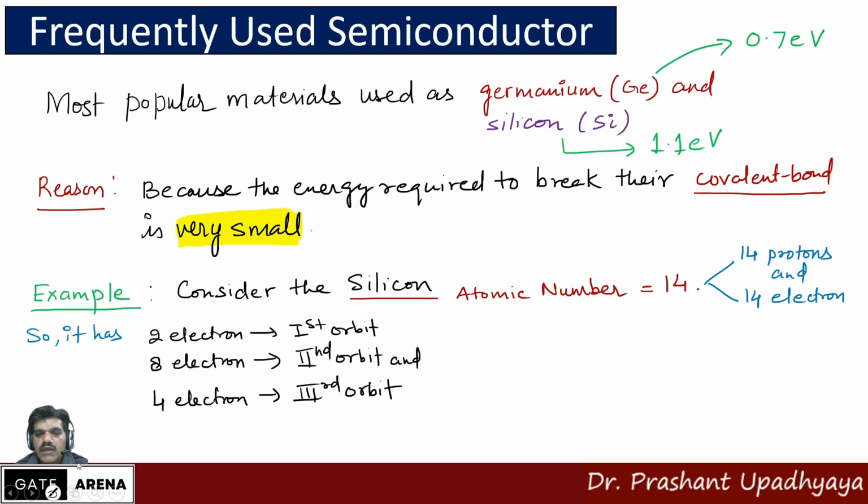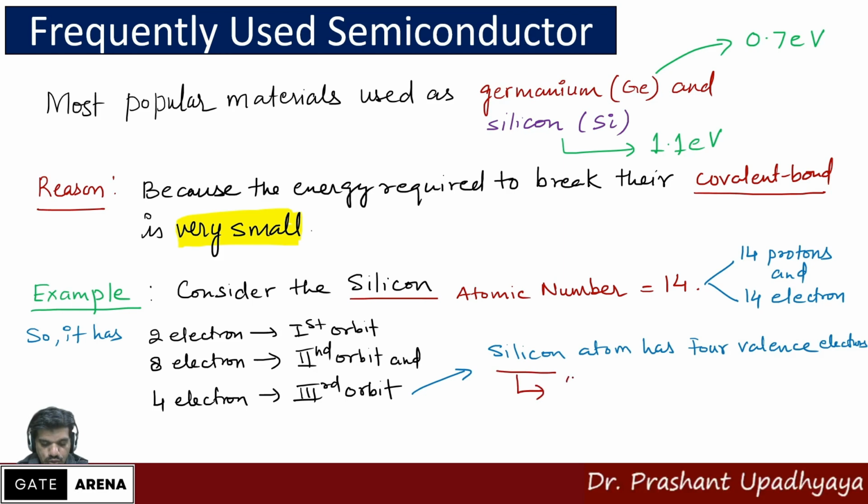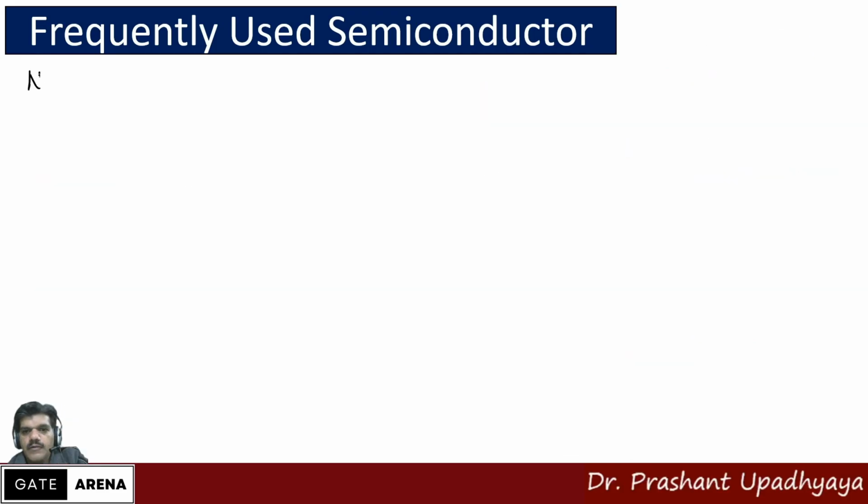So from the third orbit, we can say that the silicon atom has 4 valence electrons. Therefore, silicon is also known as a tetravalent element.